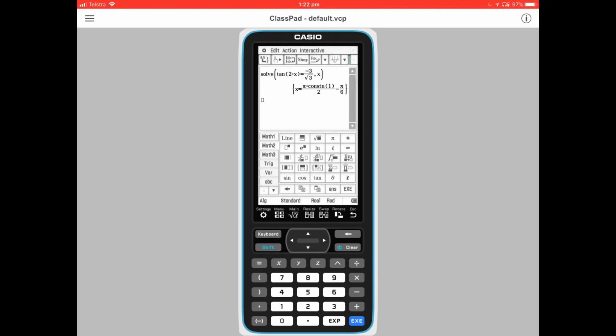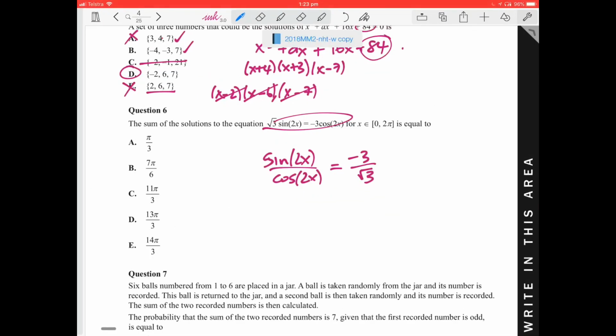Solve, but I want it between 0 and 2 pi. Okay, the sum of the solutions plus 13 pi on 3, which is D for number 6.